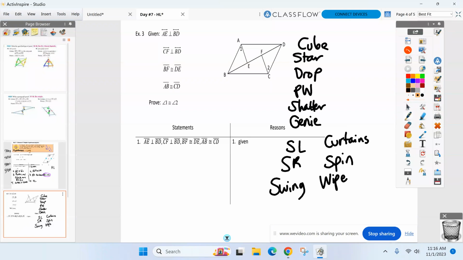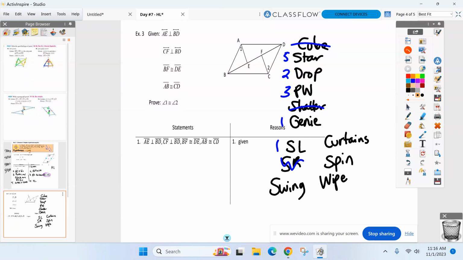Okay. Cube. It's not going to be the cube, huh? Stars. 5 stars. Drop. 2 drops. Pinwheels. 1, 2, 3 pinwheels. Shatter. Genie. Slide left or slide right.